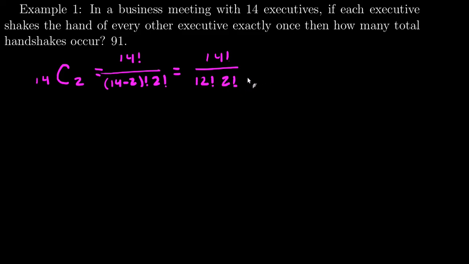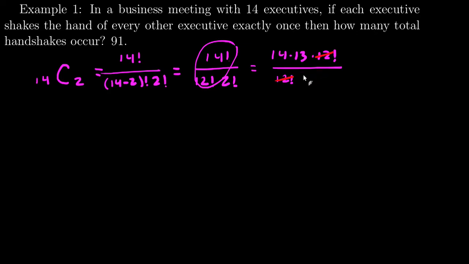And in here, these are what I'm going to cancel. 14 is 2 bigger than 12, which means I have 14 times 13. I don't need to write it, but I will for this example. There will be a 12 factorial left over there, and a 12 factorial left over here that will end up canceling.